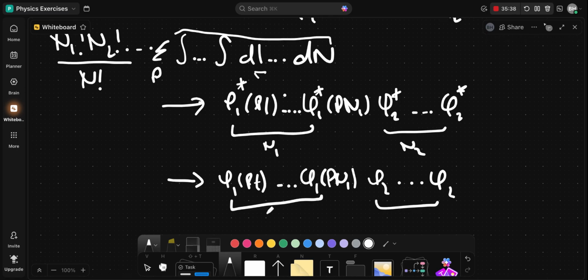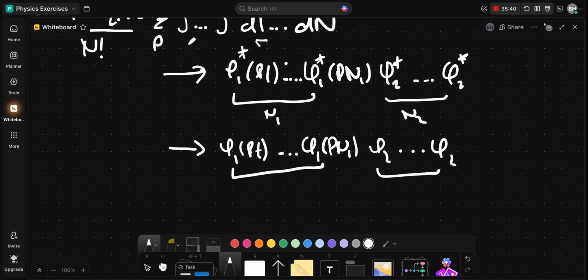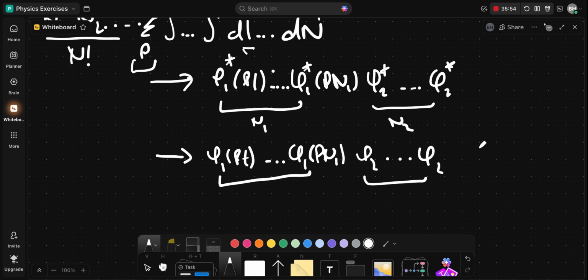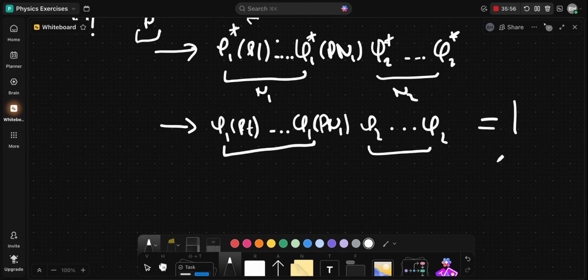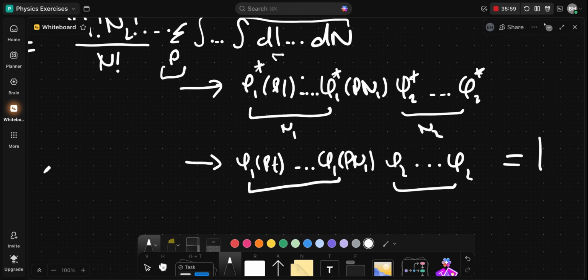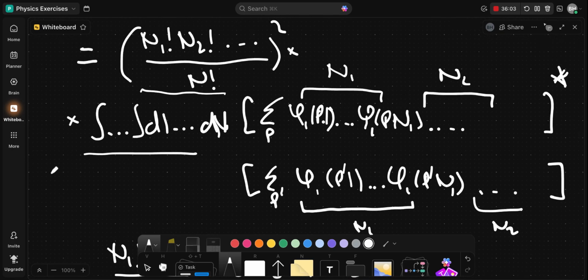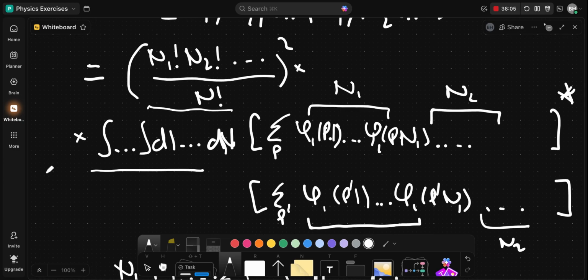So this integral will just give you 1, but how many times will it give you 1? This sum will have exactly n factorial over n1 factorial, n2 factorial, etc. terms in it. So this will integrate to be 1. So we just verified the normalization in this calculation. Thank you very much for your attention.